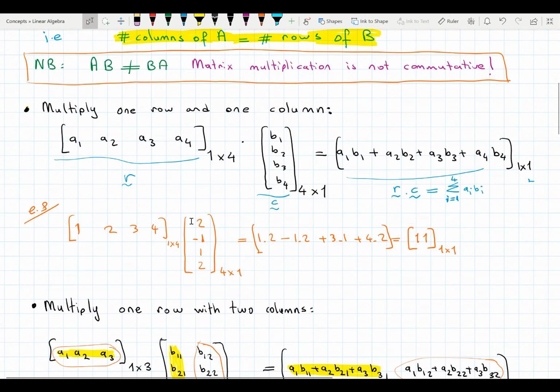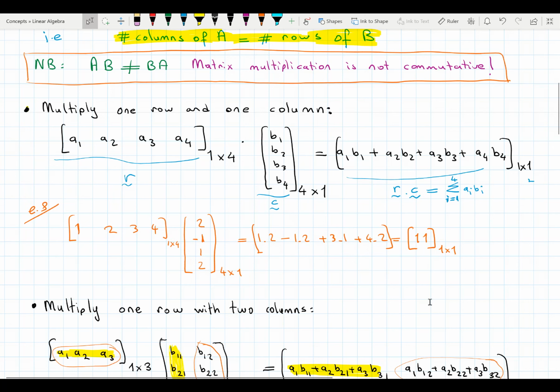So we have 1 times 2 plus 2 times minus 1 plus 3 times 1 plus 4 times 2. We have 3 here and 8 here, so we have 11. So the multiplication of this row with this column gives us only one element, which is 11. I think this is clear.